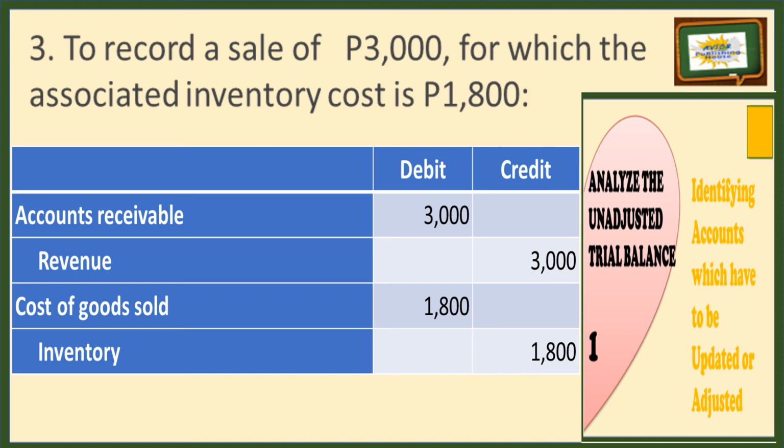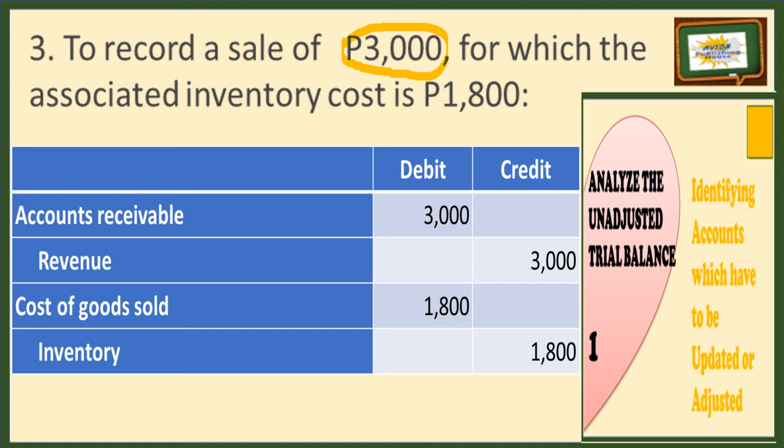Now, to record a sale of 3,000 for which the associated inventory cost is 1,800, the entry will be debit accounts receivable for the selling price, then the revenue on that. So debit accounts receivable, credit revenue. Now there is a corollary entry to record the cost of goods sold and the deduction from inventory.